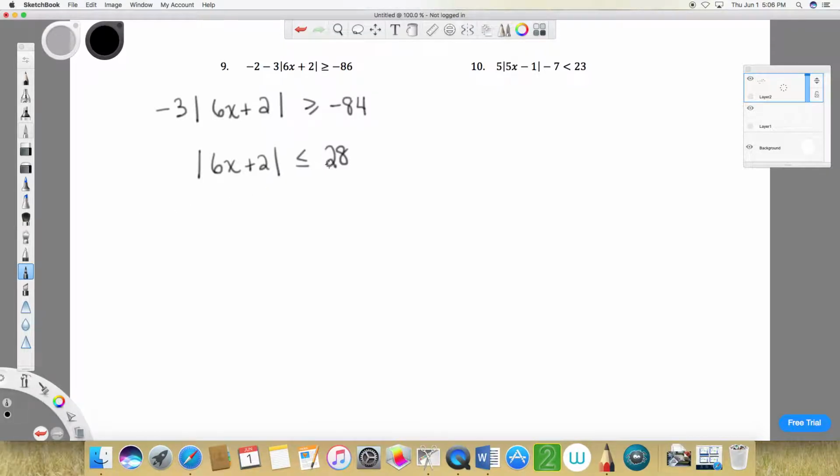So I change the sign of 28 to negative 28 is less than or equal to, I drop the absolute values, 6x plus 2, and less than or equal to 28. Each one of these absolute values, we write as a compound inequality. Here we're going to shade the middle portion of the number line.